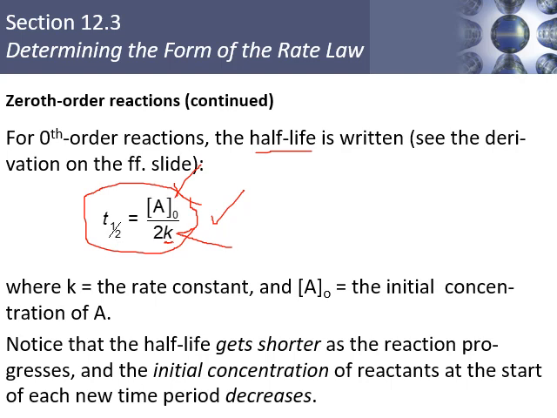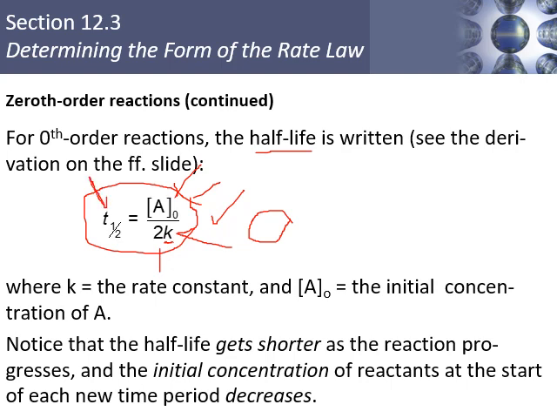What's actually going to change is what's on top and also what's beside the K. For zero order reactions, the half-life T1/2 is A0 over 2K. That'll be on your formula sheet. This equation is useful if you know the initial concentration and the half-life, then you can figure out what K is.